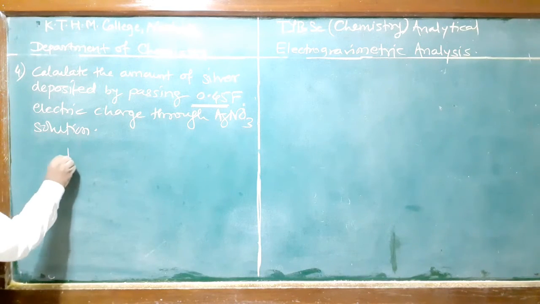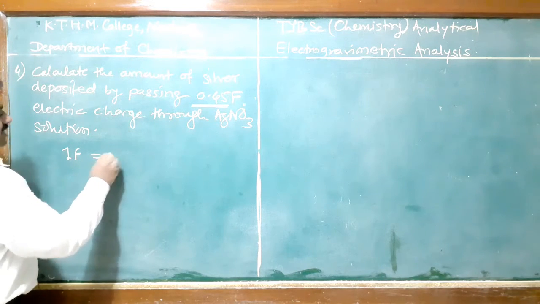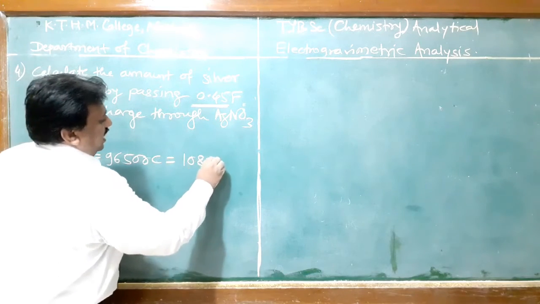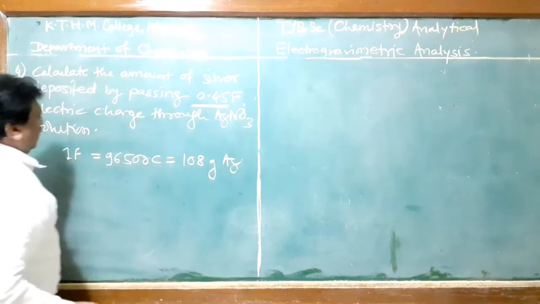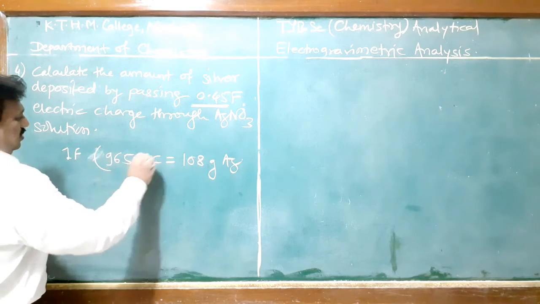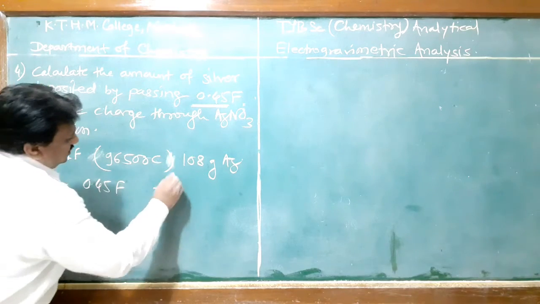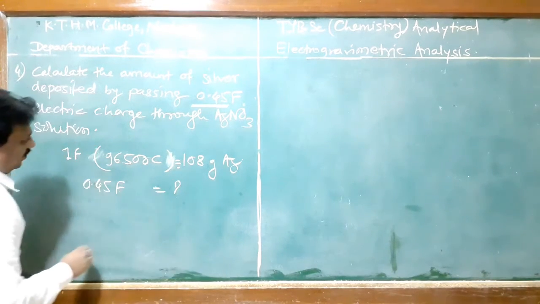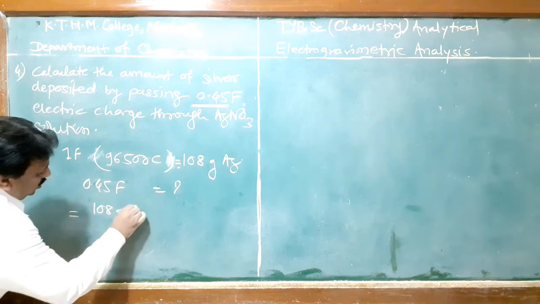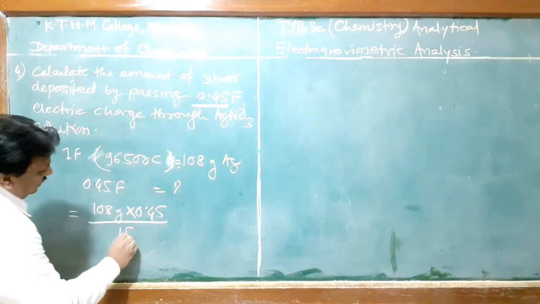We know that 1 Faraday, 1 Faraday means 96500 coulomb, deposits 108 gram of silver. Therefore, here 0.45 Faraday deposits how much? Therefore, here 108 gram into 0.45 divided by 1 Faraday.